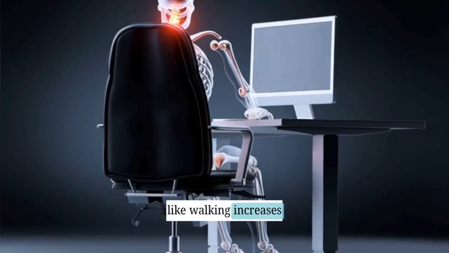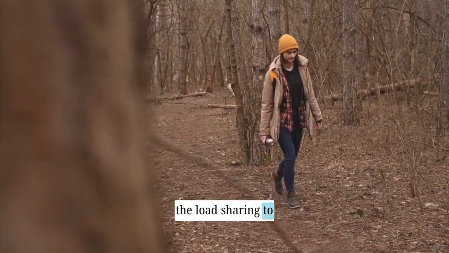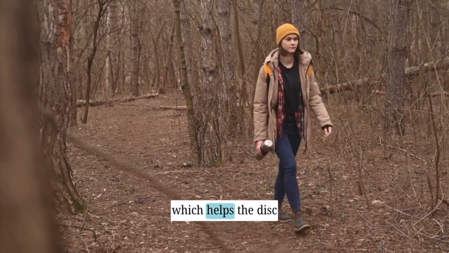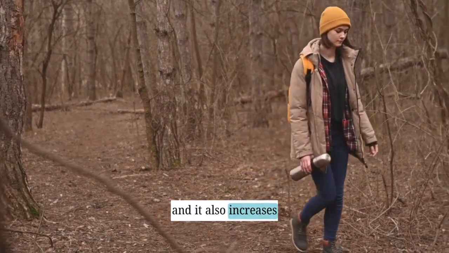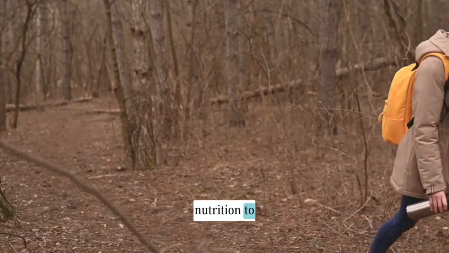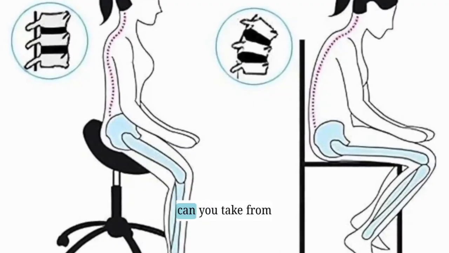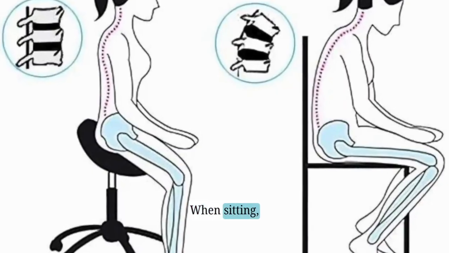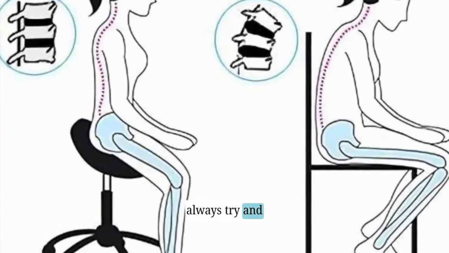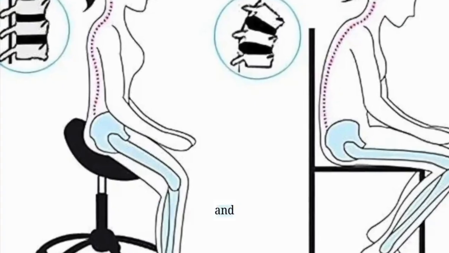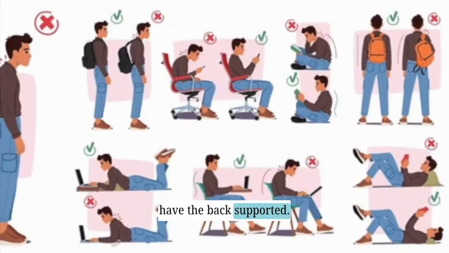Movement like walking increases the load sharing to the facet joint, which helps the disc, and it also increases nutrition to the nucleus. So what can we take from that? When sitting, always try and maintain an upright position and have the back supported.